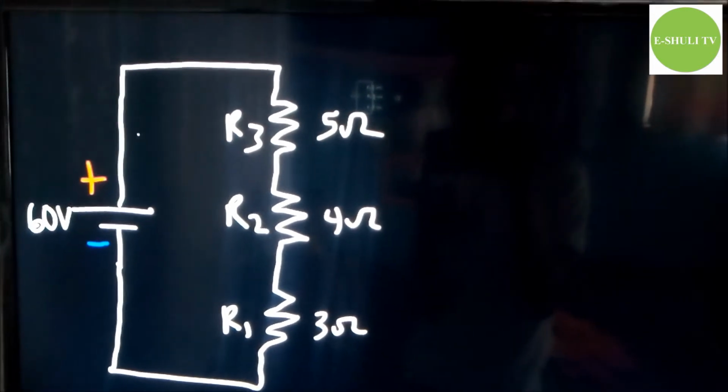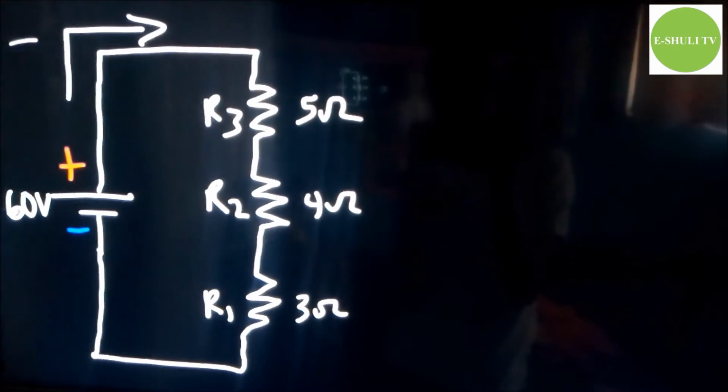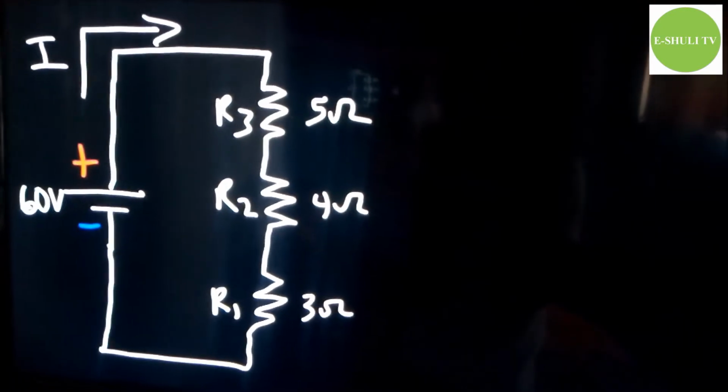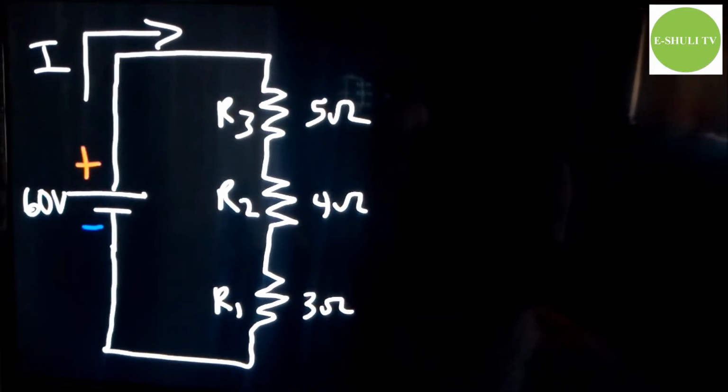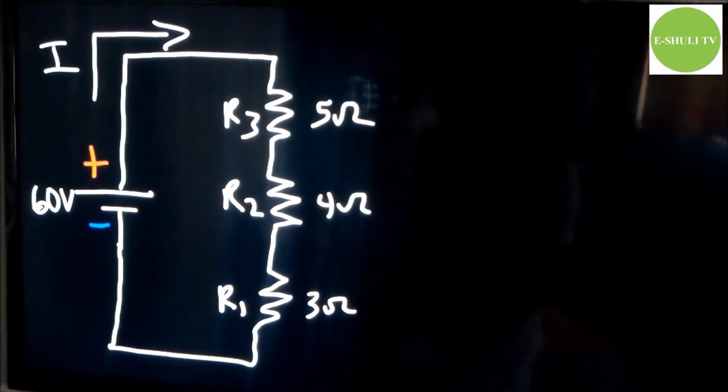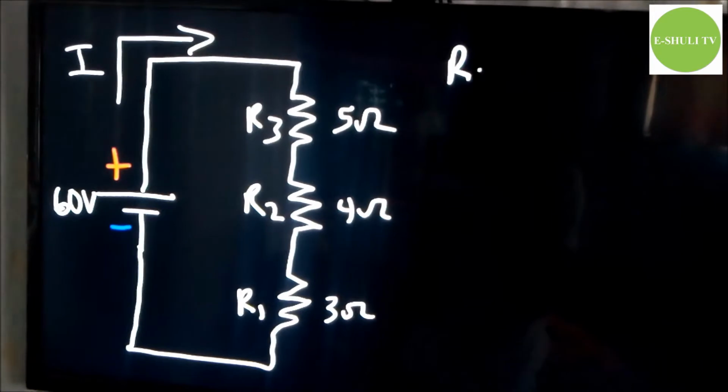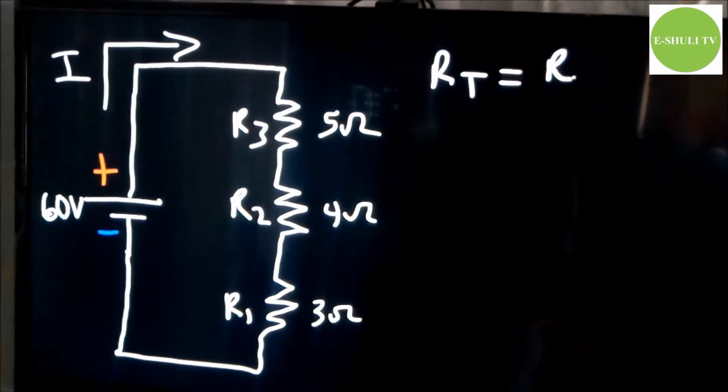So first resistor is equal to 3 ohms, second is 4 ohms, then the third one is 5 ohms. So we are going to calculate current passing through this resistor, the total resistor.